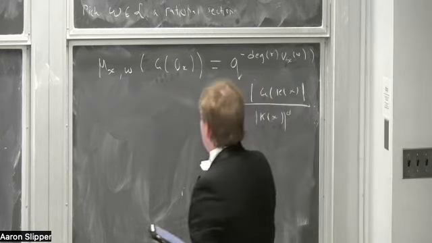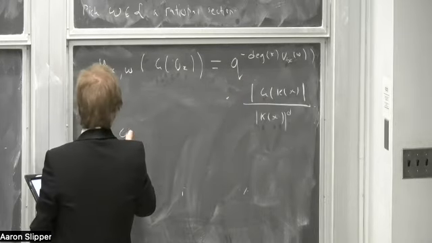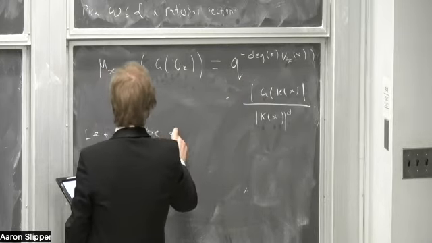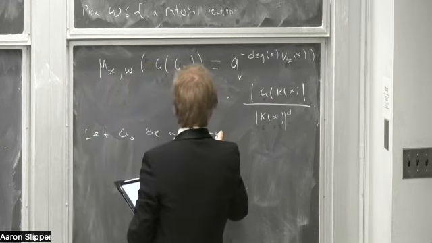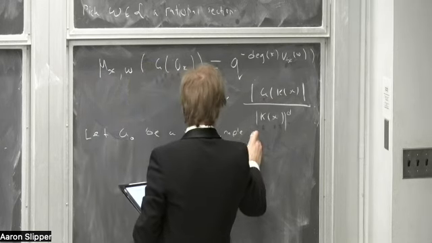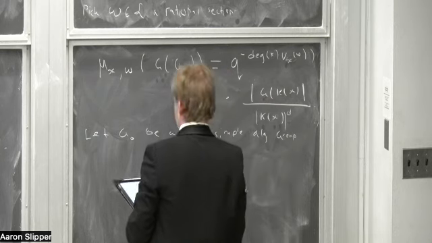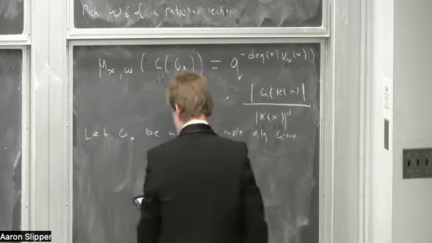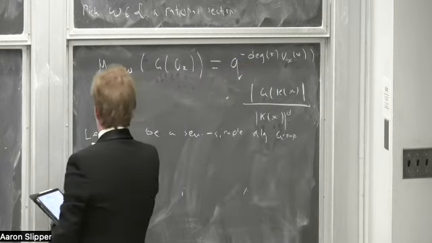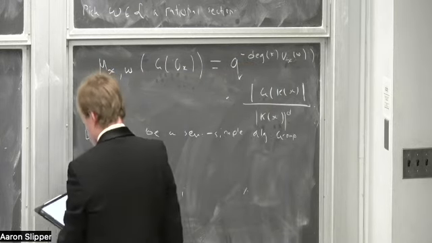Okay, so now let G naught be a semi-simple algebraic group over K_X.